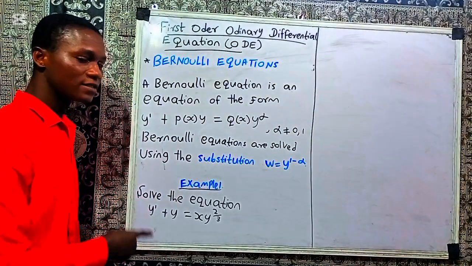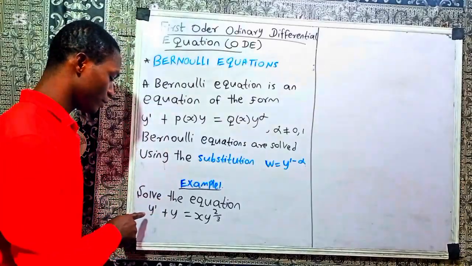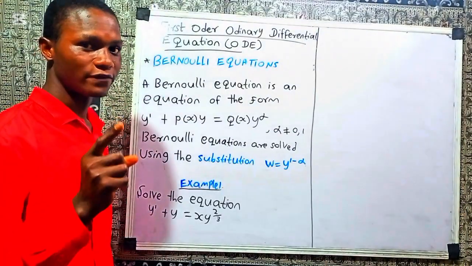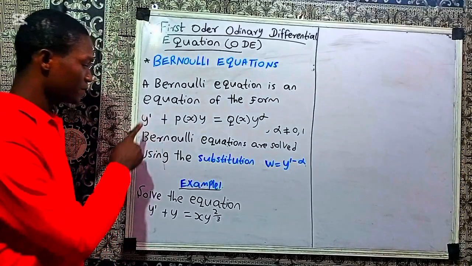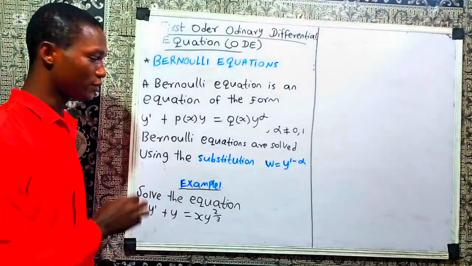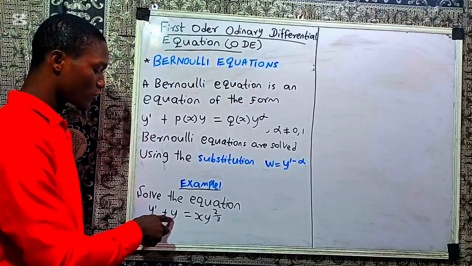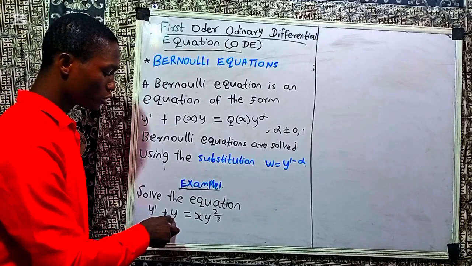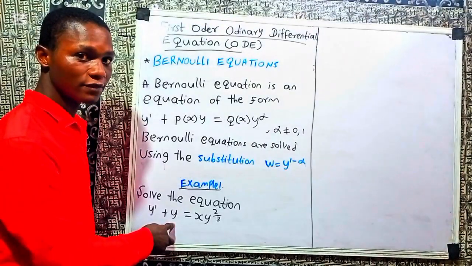The first term has the first derivative of the dependent variable. In this case, y is the dependent variable because y is the one that has derivative sign. Then the other two terms contain the dependent variable y.